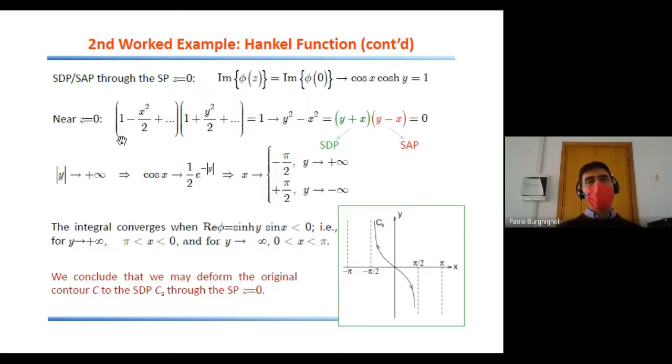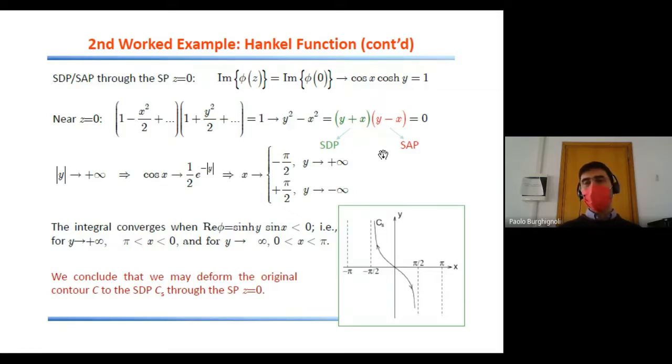If you do that, you will discover that the function at the left-hand side, so the product of the cosine and the hyperbolic cosine, assumes the form of the product of two linear terms, y plus x and y minus x, which are respectively the locally tangent lines to the steepest descent paths actually, and the steepest ascent paths.